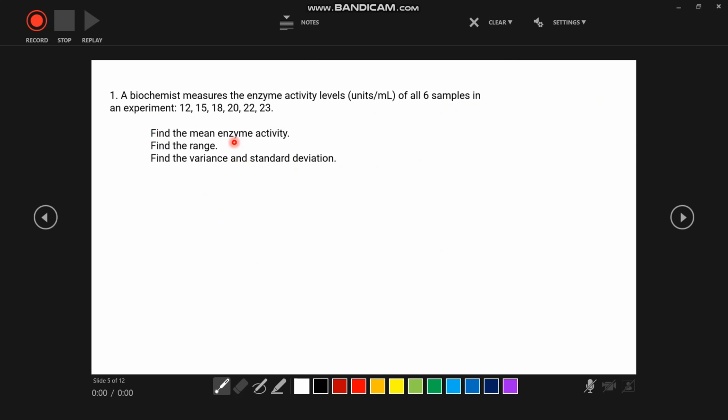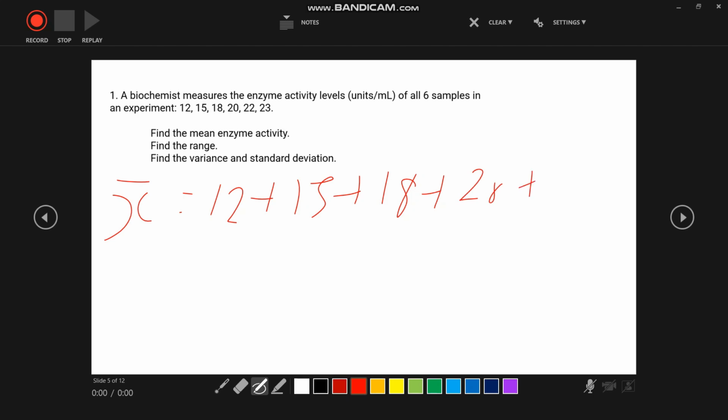So the first question says we should find the mean enzyme activity. That is, we should find the mean of this data. The mean is denoted with x bar, and will be 12 plus 15 plus 18 plus 20 plus 22 plus 23, everything divided by 6.